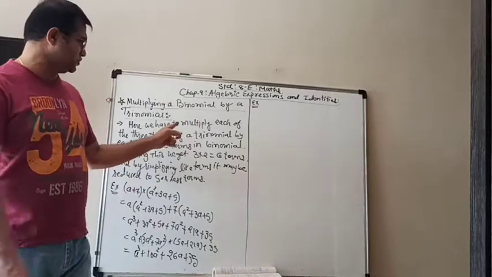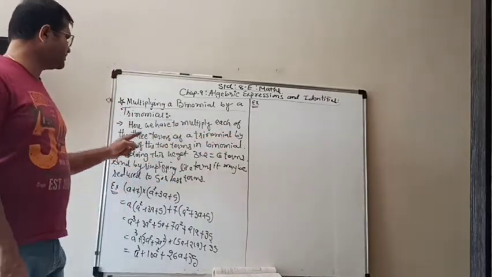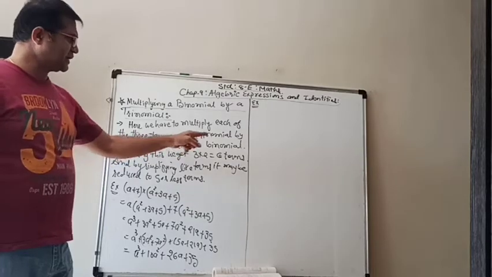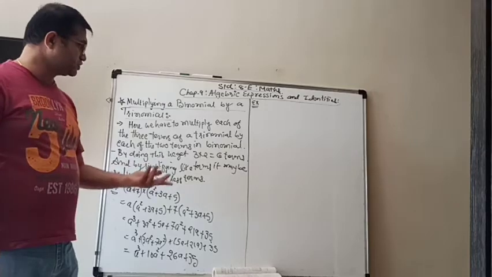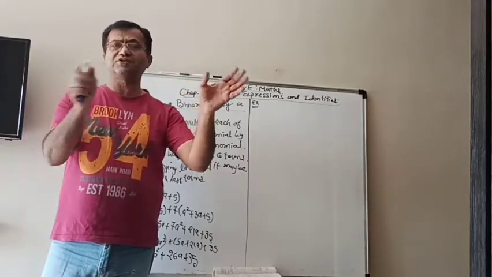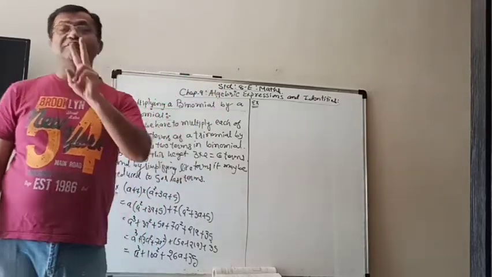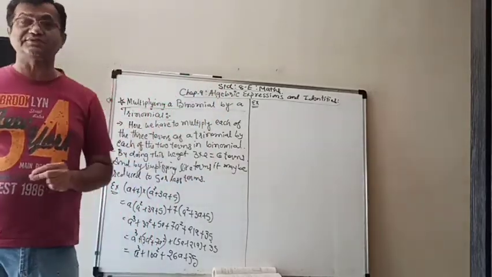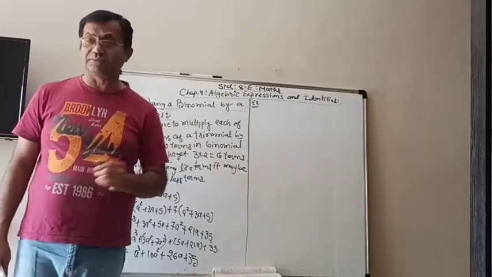So we have to multiply each of the three terms of a trinomial by each of the two terms of the binomial. Two terms and three terms, so all terms will be multiplied with each other, and we will get 3 times 2, that is 6 terms in total.